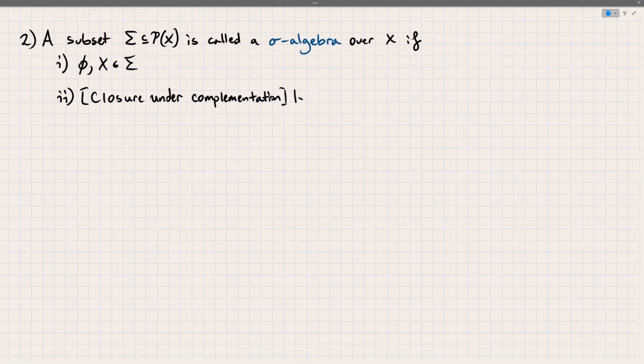Meaning, if A is an element of sigma, then A complement, which I define as X take away A, is an element of sigma.